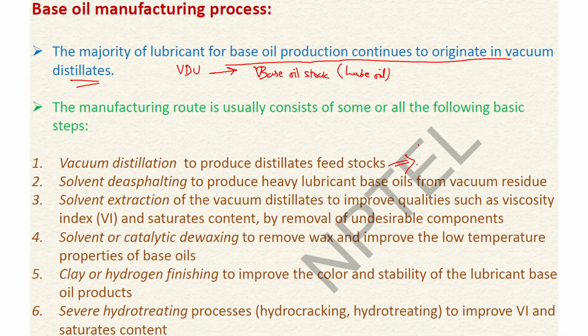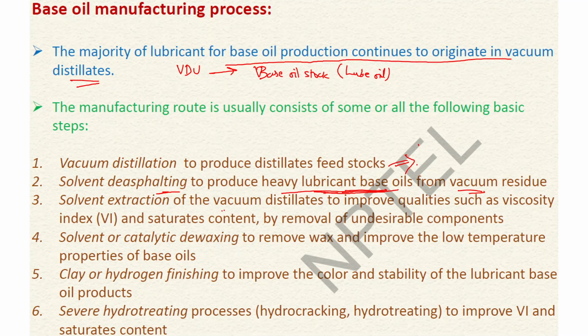Then, for the heavy lubricant base oil, solvent deasphalting is done of the vacuum residue. The vacuum residue is dissolved into a suitable solvent to remove the asphaltene compounds from the vacuum residue to produce the heavy lubricant base oil.